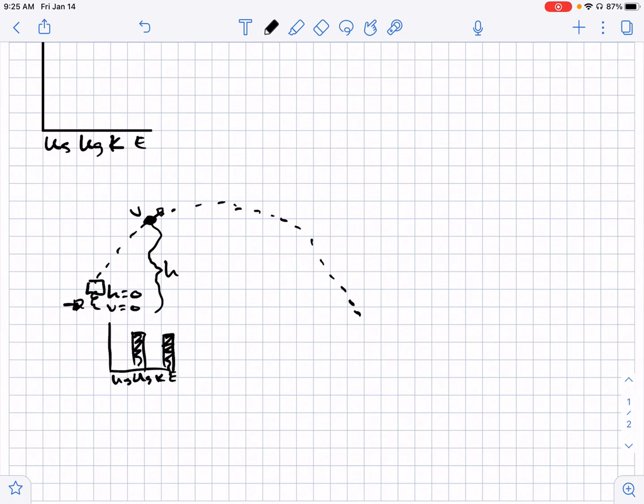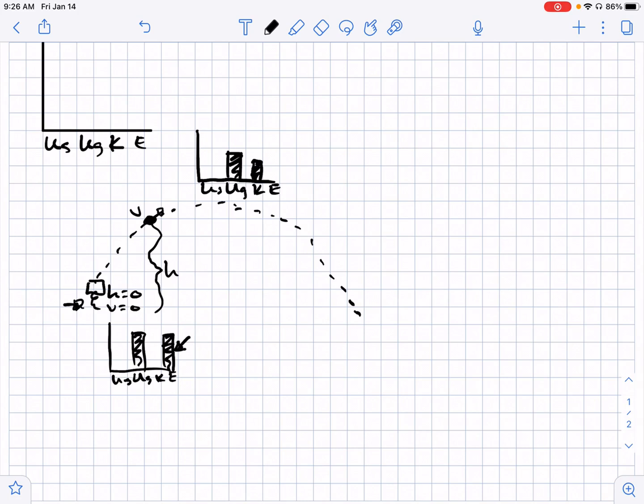So if we made a bar chart there, we have no elastic potential. We do have gravitational, and it is moving, so we have some kinetic energy as well. Now the total energy, though, is going to stay the same as it was initially.